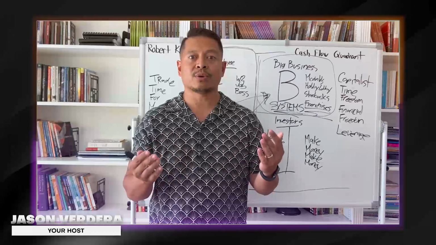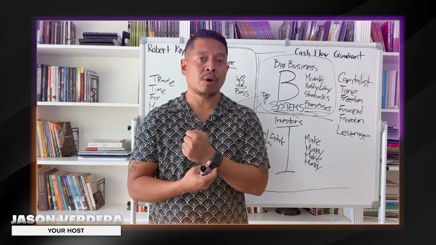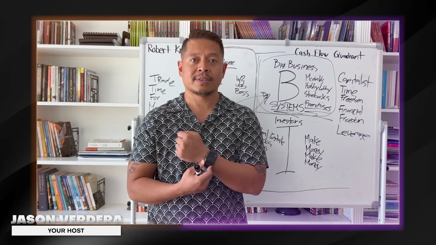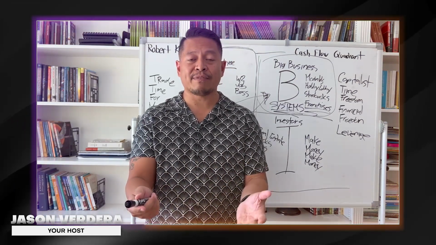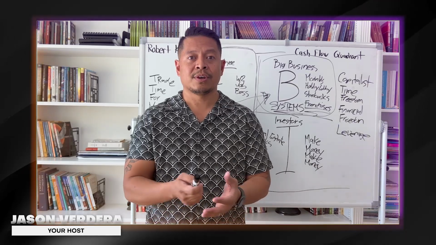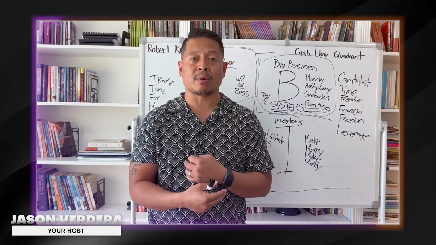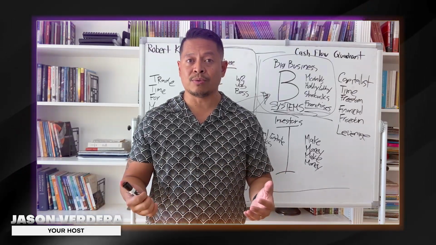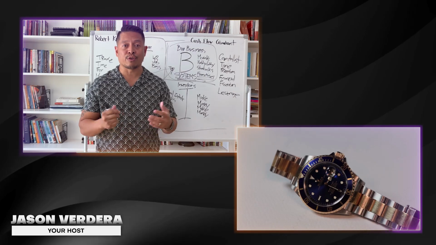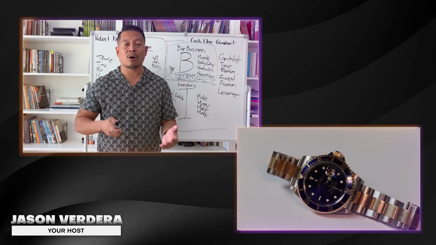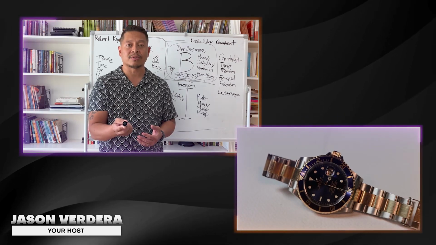Now, let's change the watch to a brand new Rolex, but this time it's for sale for $5,000. Okay? Now, if you were to go see how much that Rolex is worth brand new, and you were to find out that Rolex is actually worth $30,000, how quickly would you come up with the $5,000?